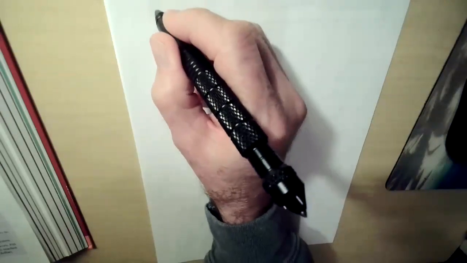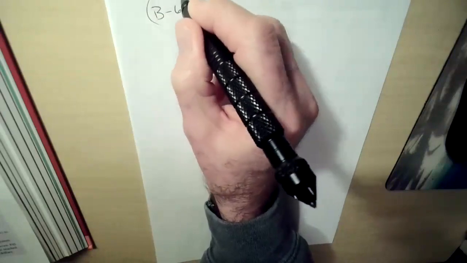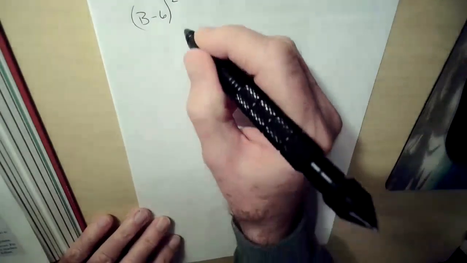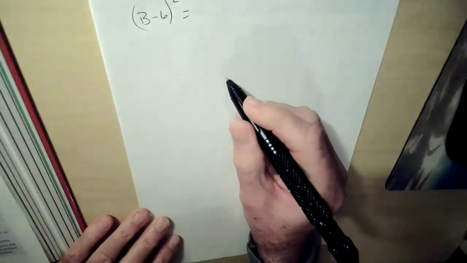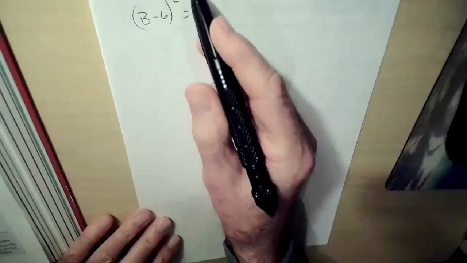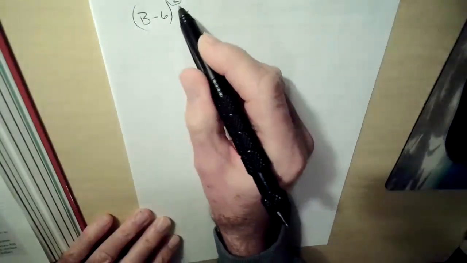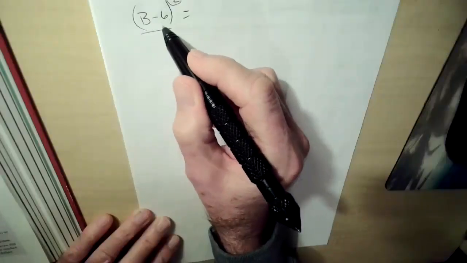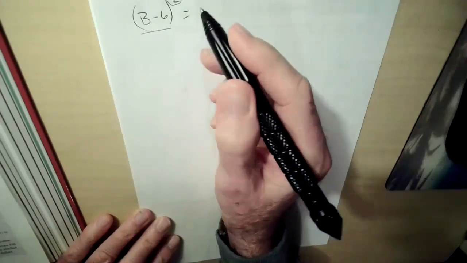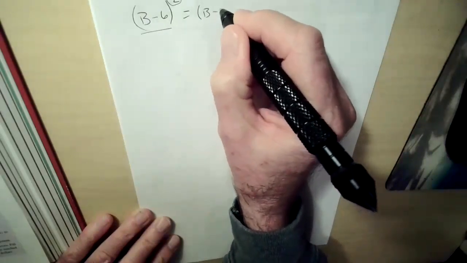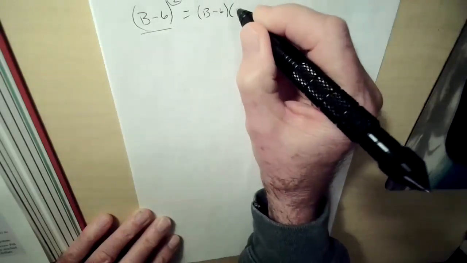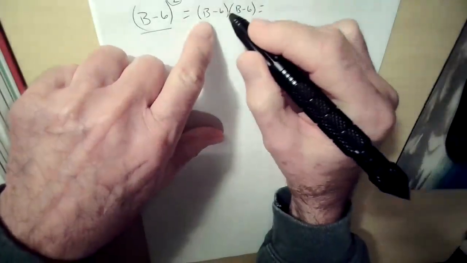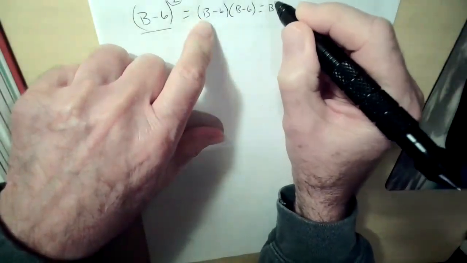What happens if we have, well, let's do this first. B minus 6 all squared. Remember, this means to multiply the base number. Now, the base number here is this. Remember, the parenthesis makes this one number. So what do we have here? B minus 6 times itself, b minus 6.